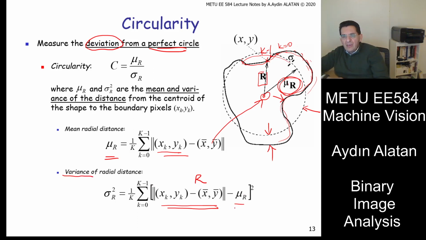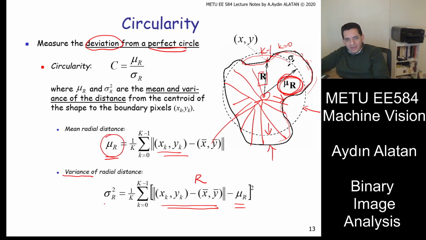Therefore, how much variation there is at every point of r with respect to this constant mu r squared, and the ratio of the mean radial distance you want to be equal to something very small, okay?